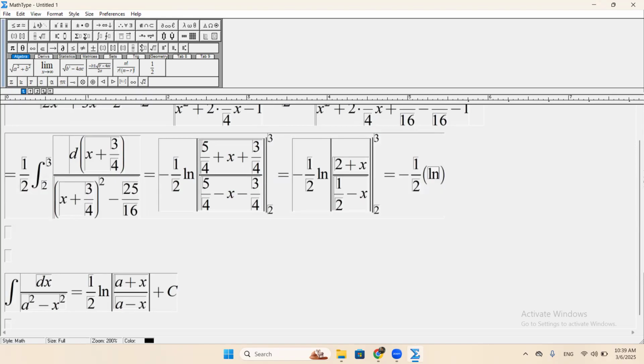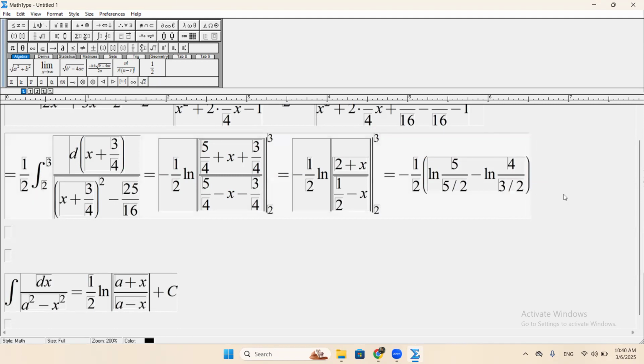First of all, logarithm of 5 over 2, since 3 minus 1 over 2 equals 5 over 2, and then minus logarithm of 4 divided by 3 over 2.